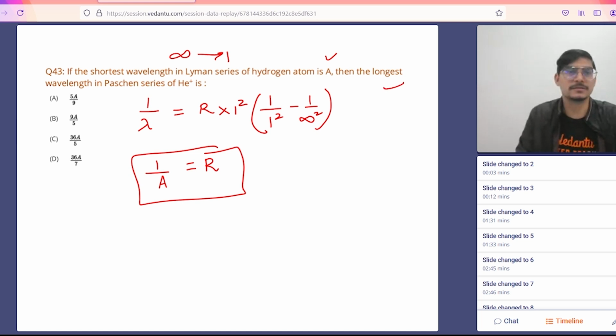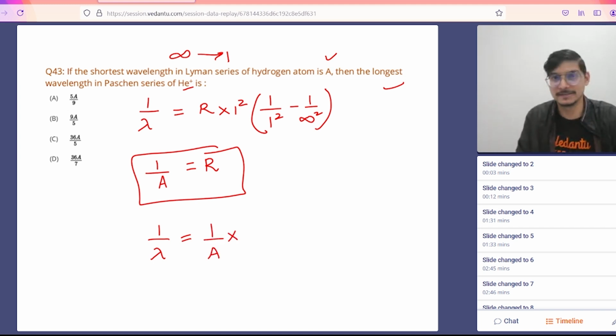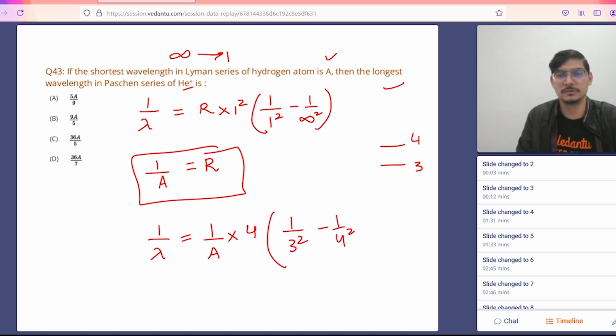Now the longest wavelength in Paschen series of helium. Again, 1 upon lambda is the Rydberg constant, which we can write as 1 upon A, times Z square. For helium, Z is 2, which is 2 square, that is 4. And for Paschen series, the electron drops to the third orbit. Lyman, Balmer, Paschen. So for longest wavelength, that is minimum energy, it should drop from the fourth orbit. So this should be 1 upon 3 square minus 1 upon 4 square.